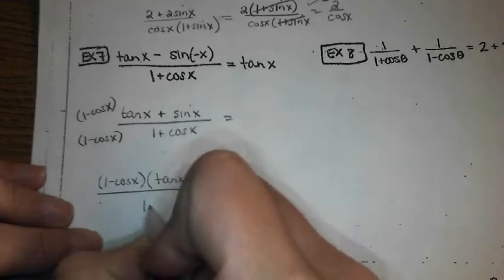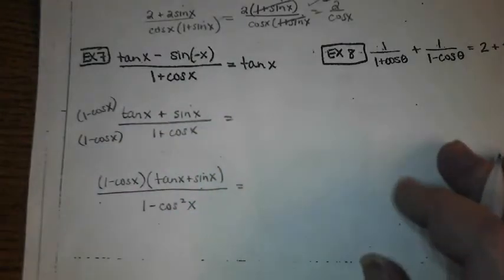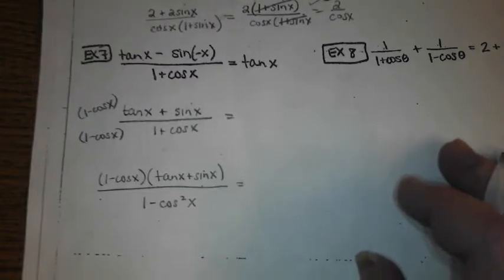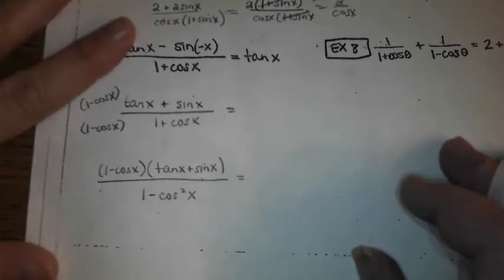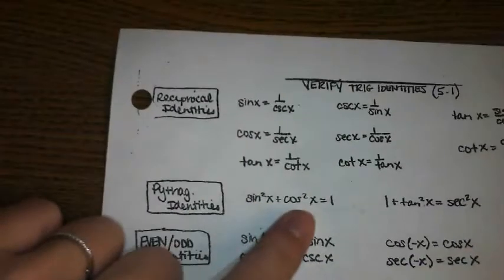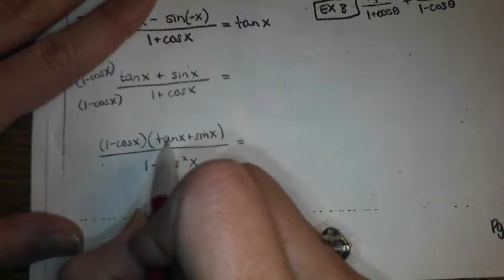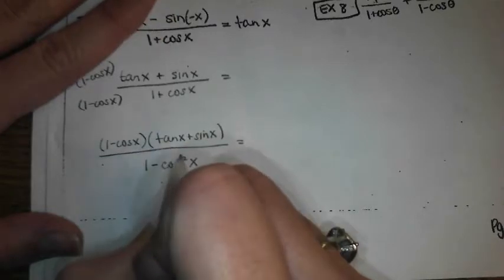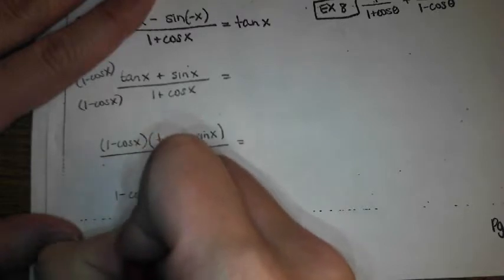My denominator becomes 1 minus cosine squared x when I FOIL that out. And 1 minus cosine squared x is the same as sine squared x. I'm trying to think what I want to do with the top right here. I might change that tangent to sine over cosine.